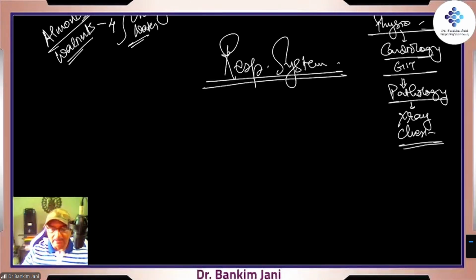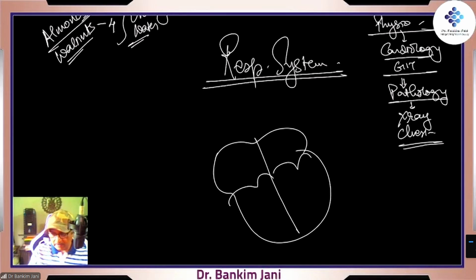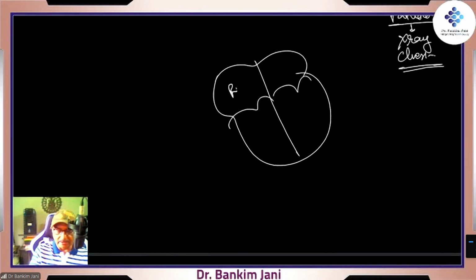So here is the respiratory system, and it is like our heart: right atrium to right ventricle. From there goes the pulmonary trunk, that is the pulmonary arteries, right and left.